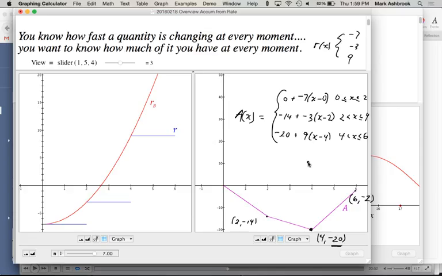Because A of x, our net accumulation function, is built from the approximate rate function. That's why R of x, R of x, R of x shows how A of x is being created from R of x. So right there, that's R of x, right?